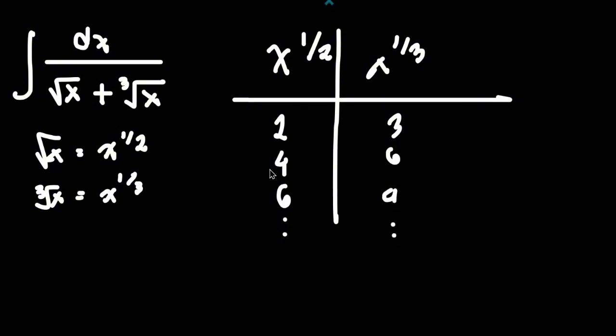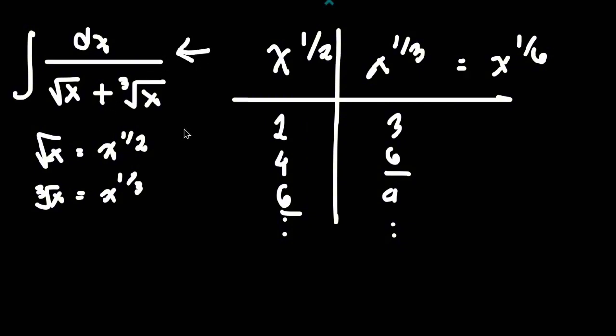Now, the least number that is similar is 6, right? Therefore, the LCD of x raised to 1/2 and x raised to 1/3 is x raised to 1 over 6. So that is the new equation from the original.